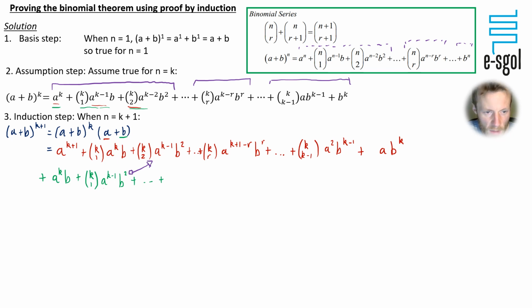The a to the power of k minus 1 and the a to the power of k minus 1 seem to match up, and the b to the power of 2 and the b to the power of 2 seem to match up as well. The only slight difference is the k choose 1 and the k choose 2, but we'll deal with that in a minute. You can also note that these two here kind of match up. So I'm going to be trying to match up the red bit with the green bit.